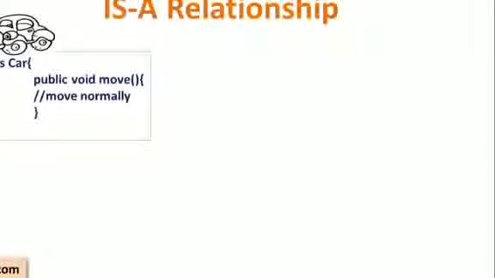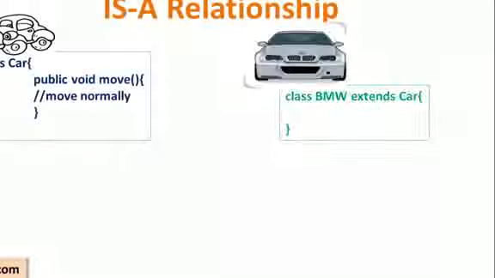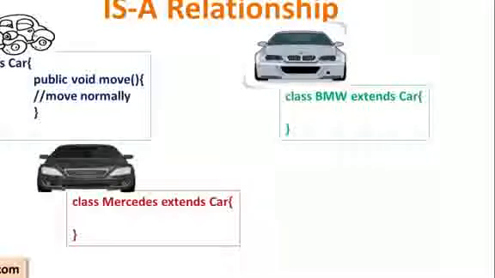If you take the programmatic notation of the concept I have spoken about, you can see that there's a class Car and there's a move method inside it, and there's also a BMW and a Mercedes Benz.